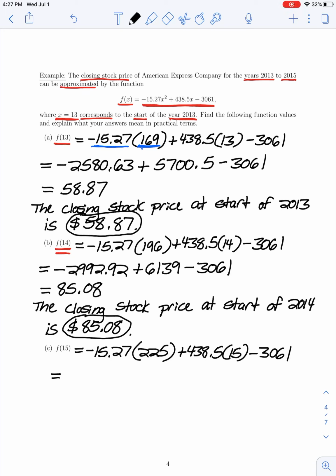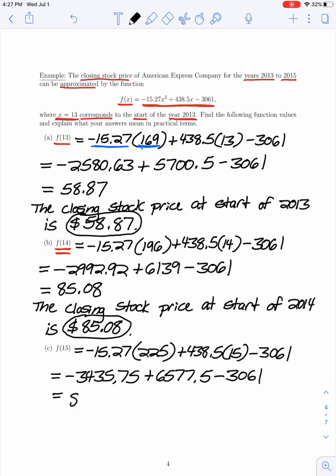So again, making use of a calculator to simplify, we have negative 3,435.75 plus 6,577.5 minus our 3,061.